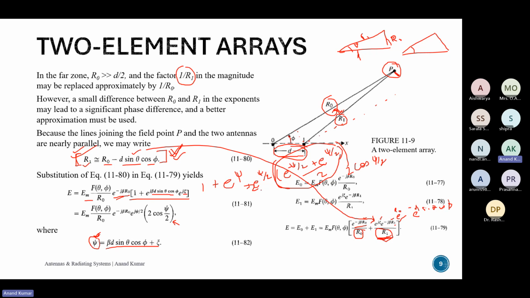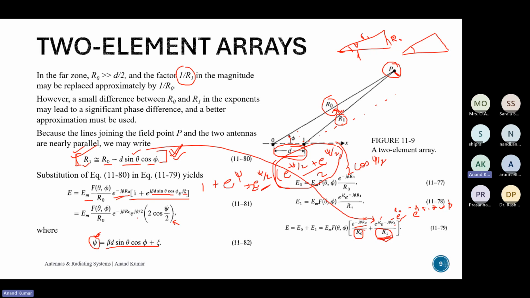And since we took this e power capital pi by 2 outside, we have this term over here. And this was the other exponential term. So we now have the electric field as this expression over here.